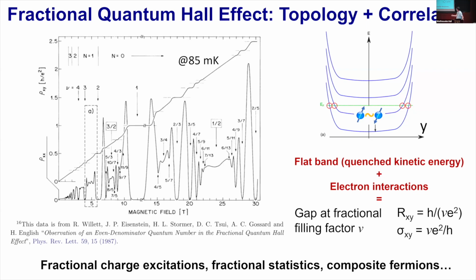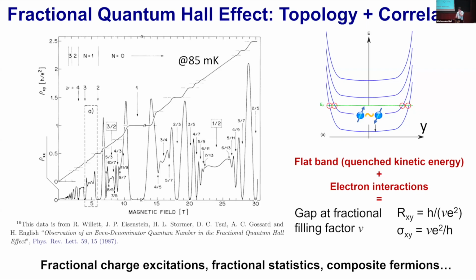And this happens in extremely clean two-dimensional electron gas. In gallium arsenide systems, it happens at a high magnetic field. And once you have such a fractional quantum Hall ground state, it leads to charge fractionalization, fractional statistics, composite fermions, many beautiful physics emerging from this combination of topology and correlation.